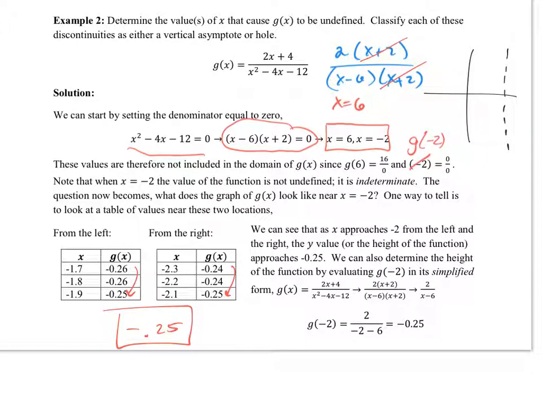So what happens is this. The point is technically negative 2, comma, negative 0.25, but this is an open circle. It's a hole on the graph. Okay, that's what it would look like right there. I drew it on the graph.